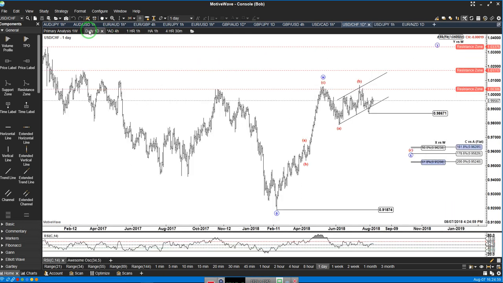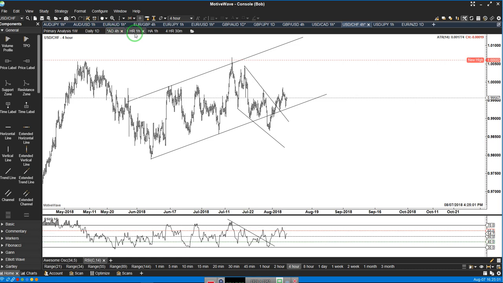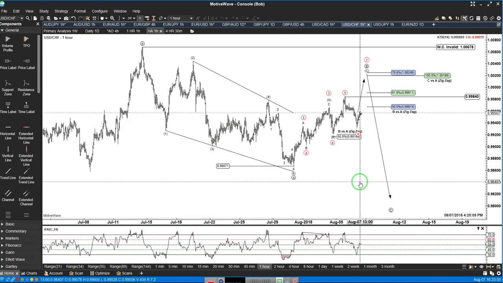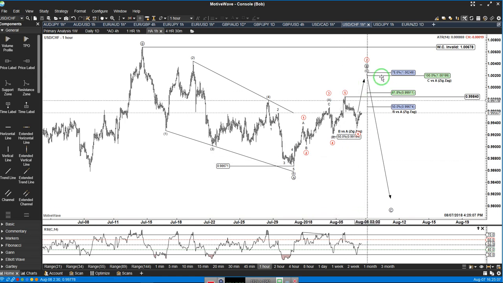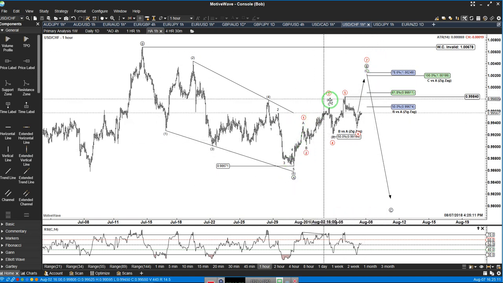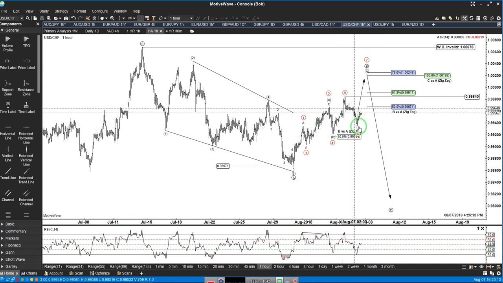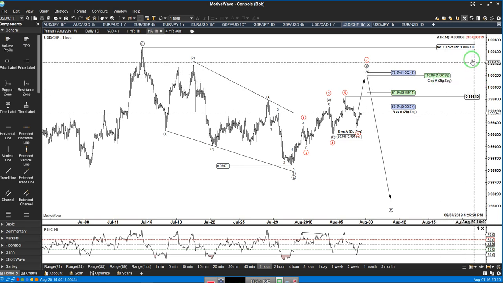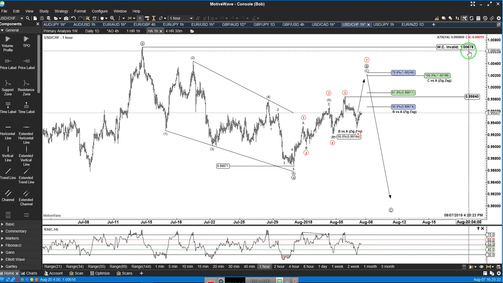Dollar yen, or I'm sorry, Swissy. Here I go, flipping through charts. Looks like we're heading up for that 7th swing, and I would probably go with an A, B, C here, with then an X, then an A, B, C up. Looking for that 1002 to short against 1068.